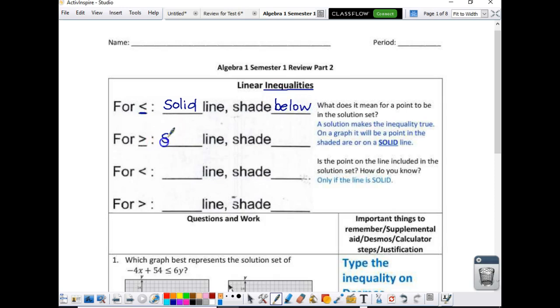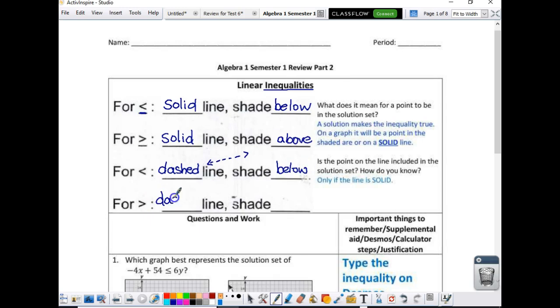Greater than or equal to, you have a solid line, but you shade above the line. Less than, so there's no equal sign here, so this will be a dashed line. It'll look something like this. You shade below.